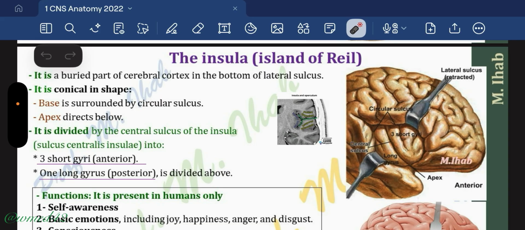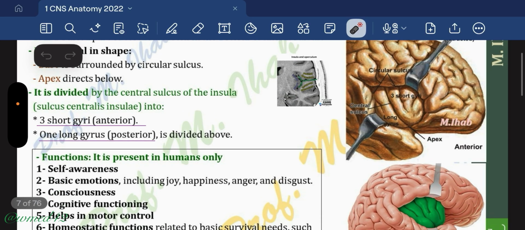And the apex is directed below, here. It is divided by the central sulcus of the insula into three short gyri and a long gyrus, which is posteriorly positioned.